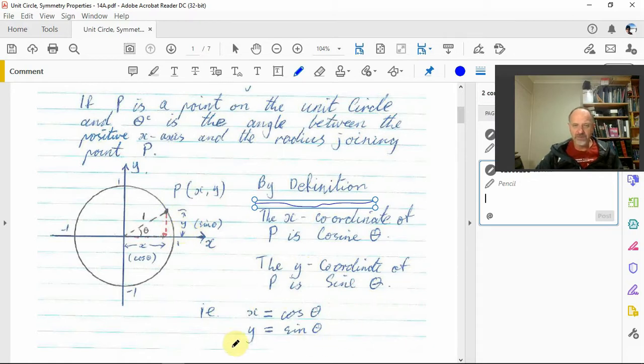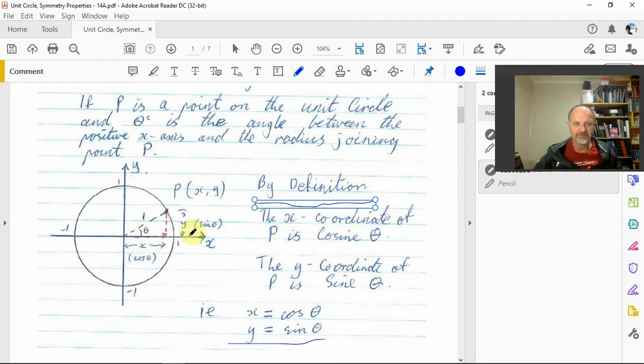In other words, X is cos theta and Y is sine theta. From what we've done in previous years, with our angle there, the opposite is the sine, and the adjacent is the X, so the adjacent is cos.